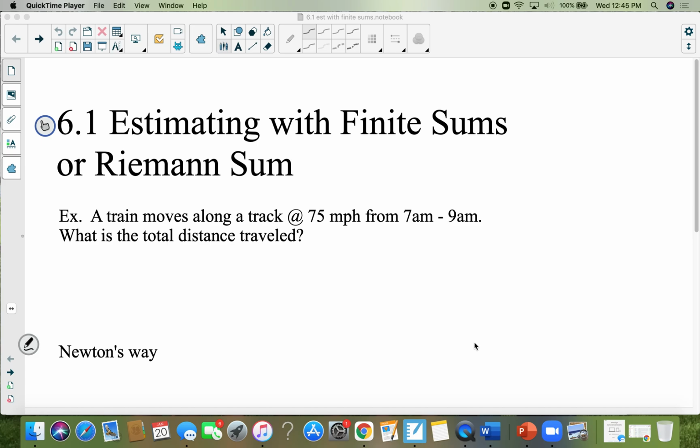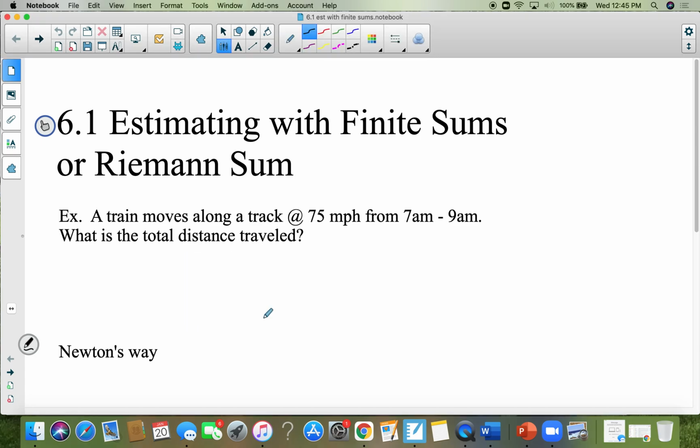So, a train moves along a track at 75 miles per hour from 7 to 9 a.m. So this is miles per hour, 75 miles per hour. This stands for the time from 7 to 9, and draw a line up to there and draw a line to there. It makes a rectangle. The height of the rectangle is 75 and the width of that rectangle is 2.